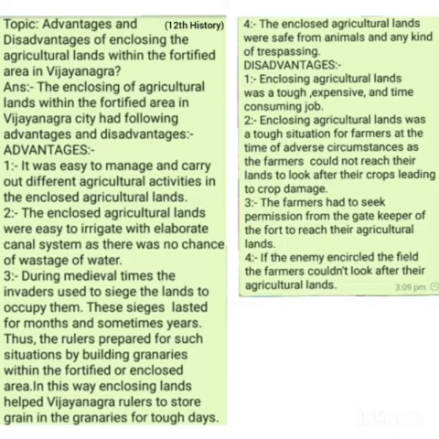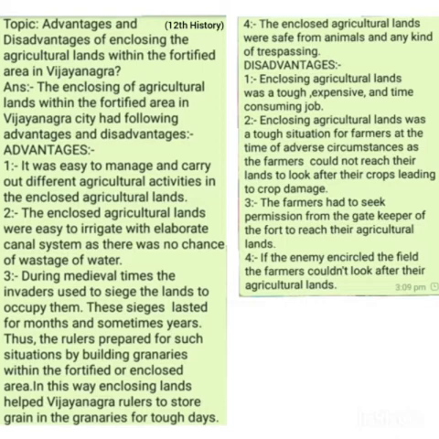It is believed that there were 7 lines of forts which fortified the city of Vijayanagara. And these fortifications not only encircled the city but also its agricultural lands as well.